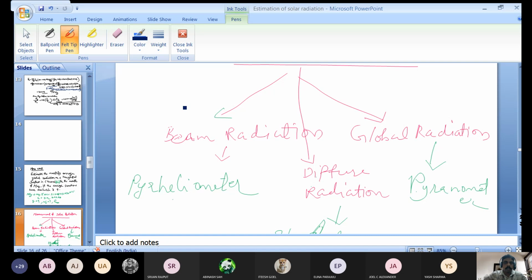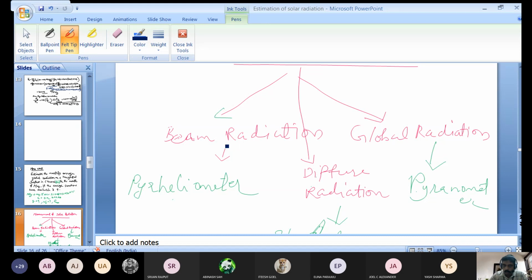Estimation means using some theoretical relations derived by some people, like Page or Angstrom, a relation we can use to get the energy, in kilojoule per meter square per day. Measurement means we will use some instruments, like you measure current and voltage using a voltmeter or ammeter. We can have instruments, and many instruments are there.